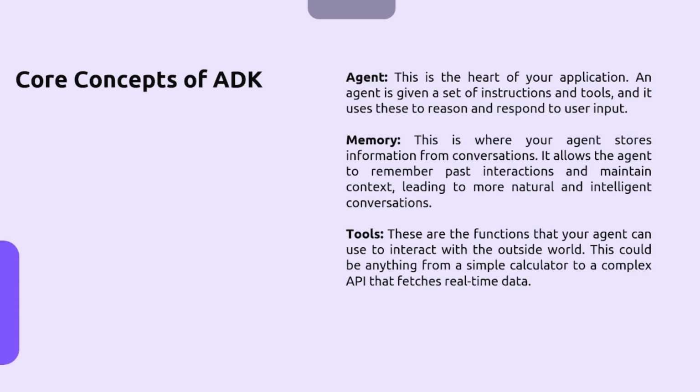Okay, so now let's explore the core concepts of ADK. The agent is the heart of your application. An agent is given a set of instructions and tools, and it uses these to reason and respond to the user input. The next is the memory. Memory is where your agent stores information from conversations.